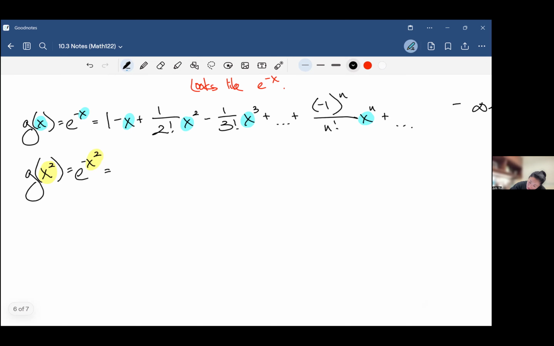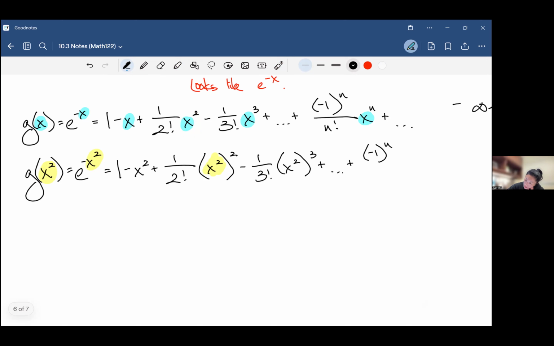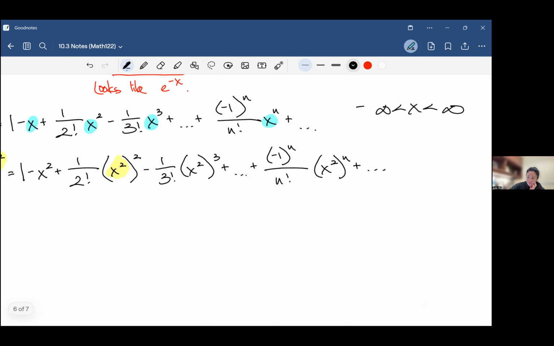So that's going to look like 1 minus x squared plus 1 over 2 factorial x squared squared. You see how that blue is like the x and then I'm squaring it? I have to put parentheses around that x squared, otherwise I might forget to distribute any exponents. So then minus 1 over 3 factorial x squared cubed plus, I keep going, alternating n factorial x squared to the n. And I keep going.